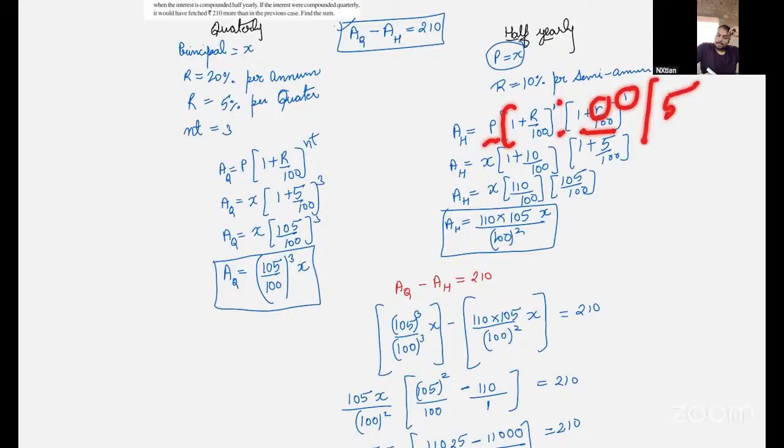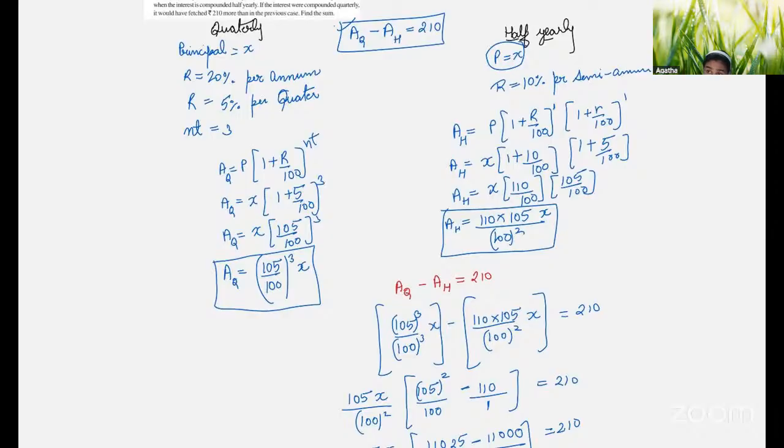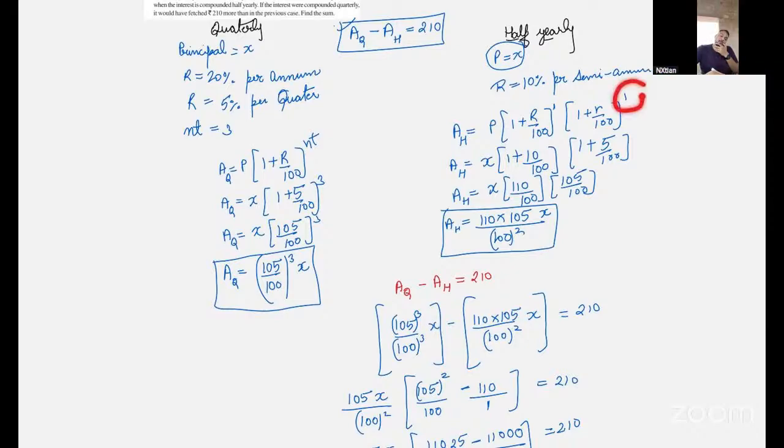How will you solve the power half? Tell me, Agatha. Because since it's half of the months, we just put half there, right? You wrote half here.